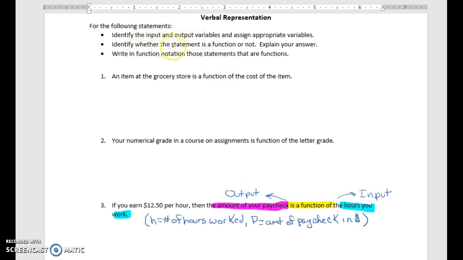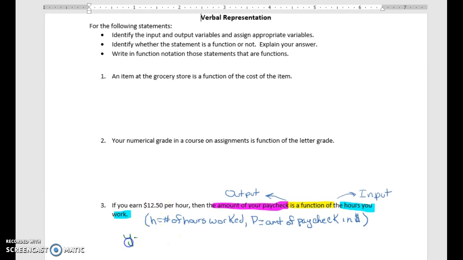So we've done part A, which is to identify the input and output and use appropriate variables. Now we need to determine whether or not this is a function. Thinking back, for every hour that's worked, that input quantity, am I going to have a unique paycheck amount? If I work 3 hours, and because I know that I'm working $12.50 per hour, 3 hours is going to give me a specific value. 5 hours is going to give me a different specific value. If I work 3 hours, I'm not going to get 2 different answers.